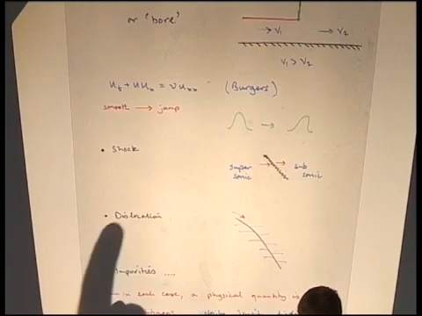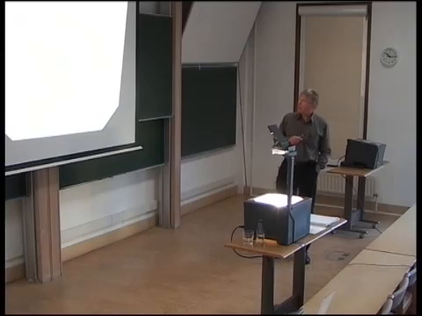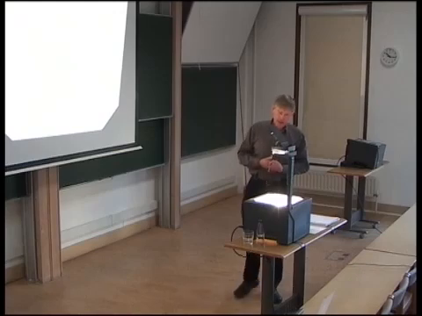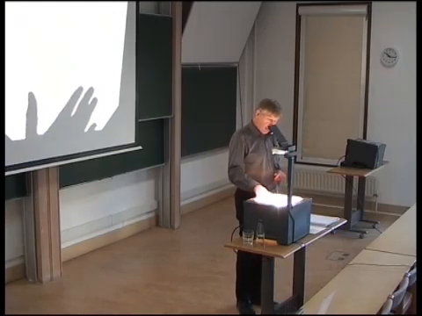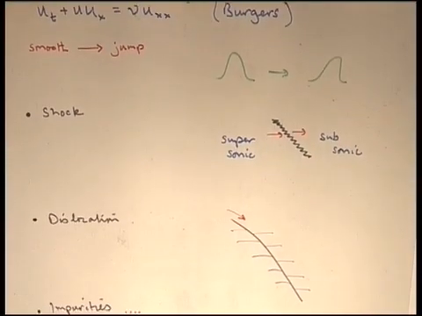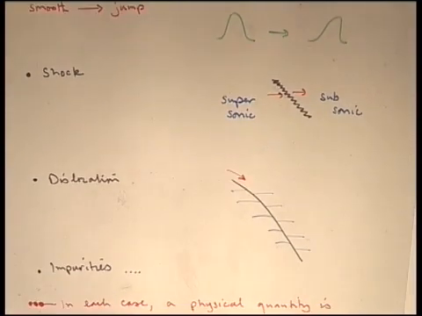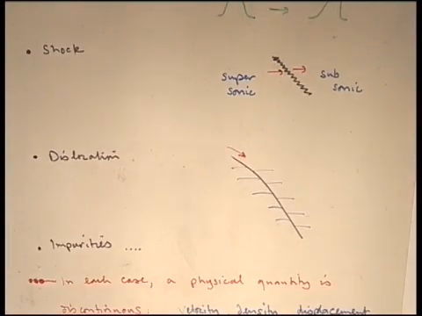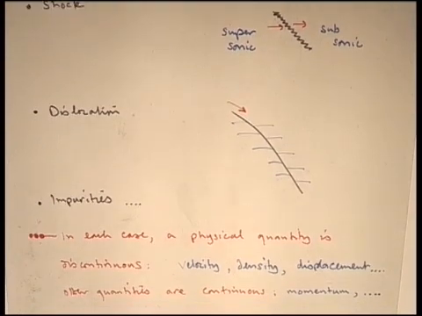Or you could have a dislocation following an earthquake or something of that nature, where the position field, so the field tells you where the material is, has a discontinuity. And of course, in solid state physics, there are many kinds of impurities that occur, and I'm not going to list those. But the important thing to remember is that in each case there's some physical quantity which is discontinuous, and then there are other physical quantities which remain continuous.